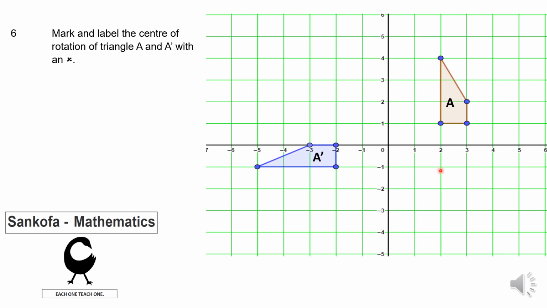Maybe you start with 2, negative 1, maybe 1, negative 1, and so on. As you rotate it, you see where this triangle will be superimposed and fit exactly on top of this. What point would that be? When you realize that point, it is your center of rotation, and it is the point 1, negative 2.